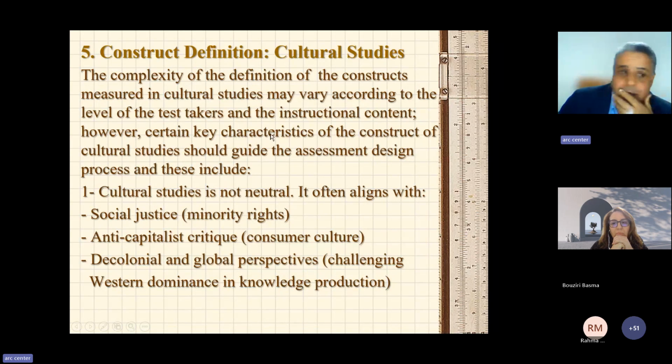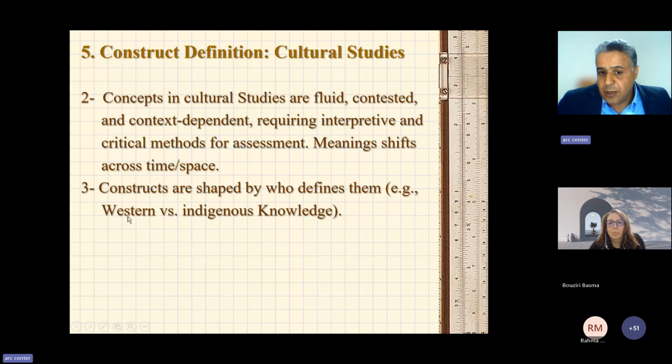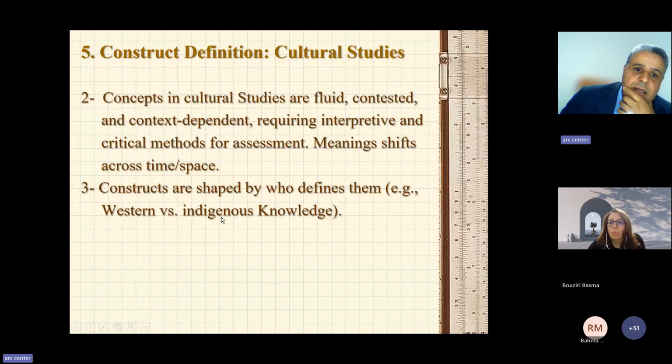It's important to highlight that these constructs are fluid, contested, and context dependent, and require interpretive and critical methods for assessment. They are also shaped by who is defining such principles and concepts, for example, whether the definition comes from the West or from indigenous knowledge. So that's again in cultural studies.